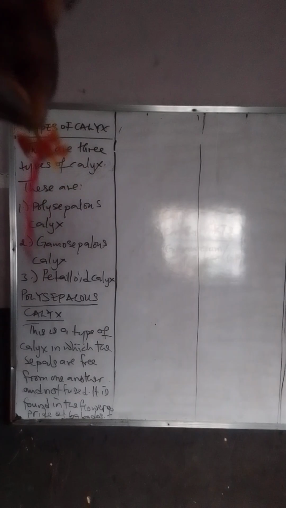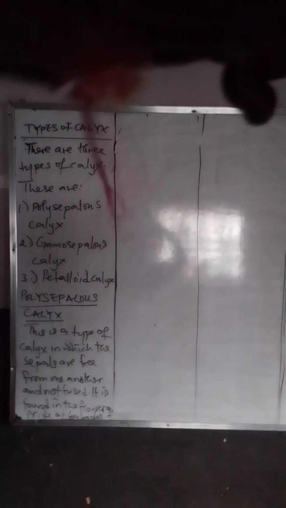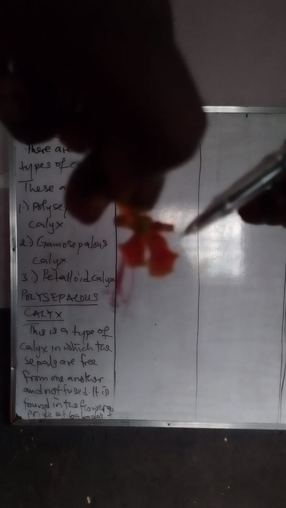Now, let me show you what I'm talking about here. This with me is a flower of Pride of Barbados. Let us examine the calyx from here. Now, look at here. These are the calyx. You can see one here.